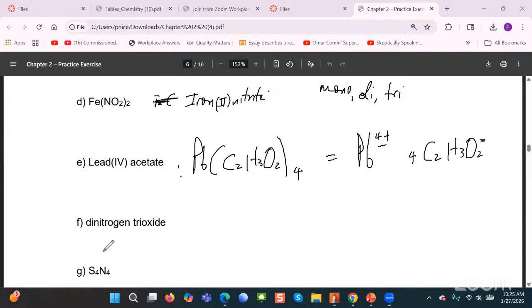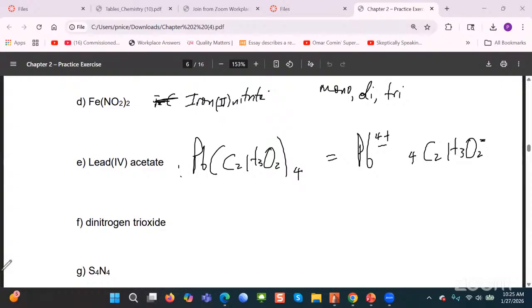We do use prefixes when we're naming molecular compounds, such as this one right here. So for example, in the case of F, the name given is dinitrogen trioxide, right? And that indicates the number of atoms of each of the elements involved, right?